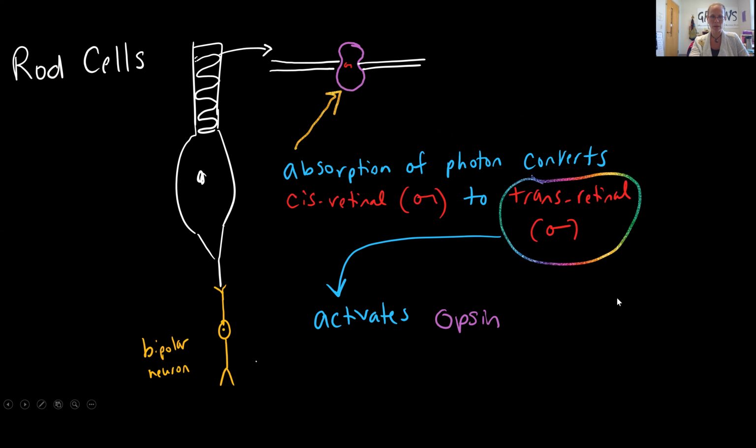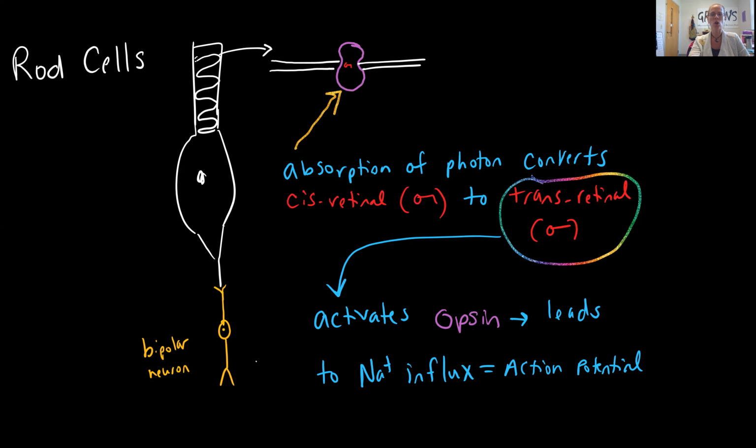When that happens, when your retinol is straight, it's activating the opsin, and when opsin is activated, it's going to open up sodium channels. So we're going to get sodium influx. So now our rod cell is depolarized, and that action potential is going to be sent on to the bipolar neuron.